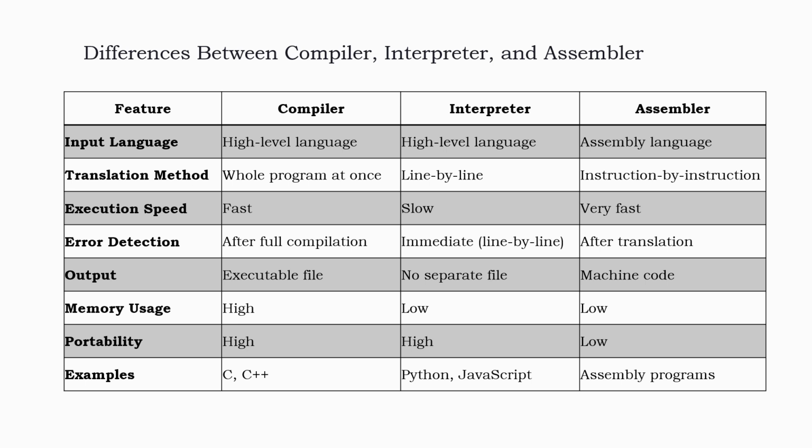When it comes to portability, in a compiler the source code is portable, but the compiled code is platform dependent, whereas an interpreter is highly portable, meaning we can run it on any system. An assembler is not portable because it depends on processor architecture.